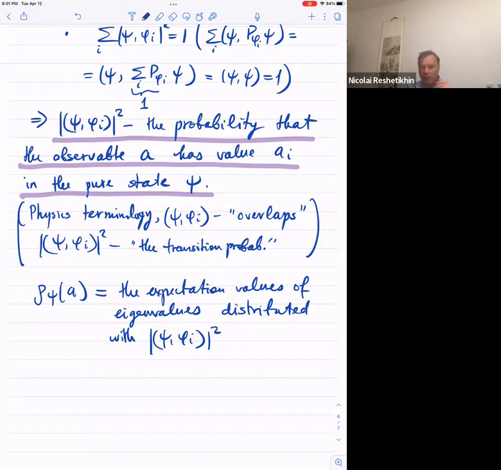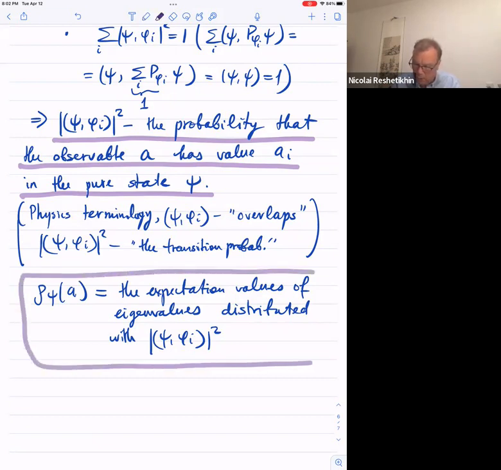This is what Einstein believed in, and unfortunately he was wrong. There is a way to check that it's impossible to have this statistical mechanics type interpretation of quantum mechanics. There are so-called Bell inequalities, but maybe I'll talk about them later. But so far, that's the probabilistic meaning of pure states.